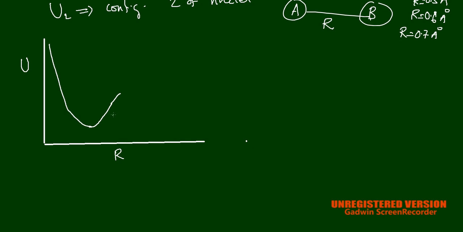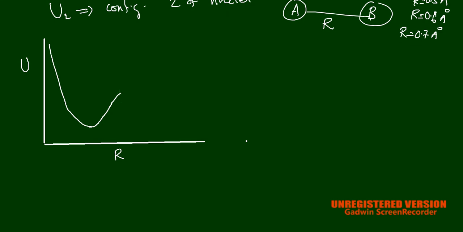At that value of r, the internuclear distance is too long, and that distance is not enough to keep the bond between the two atoms, so at that distance the bond breaks.